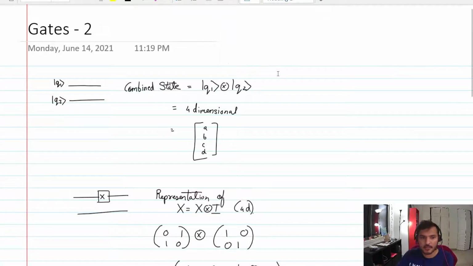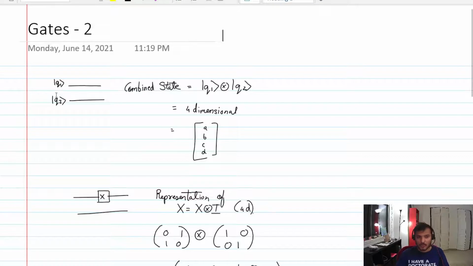All right. Now, the gates that we saw in the previous lectures were single qubit gates. You can still have those single qubit gates acting on those single qubits, but their representation would be slightly different. When you had a single qubit, your state would be something 0 plus something 1.